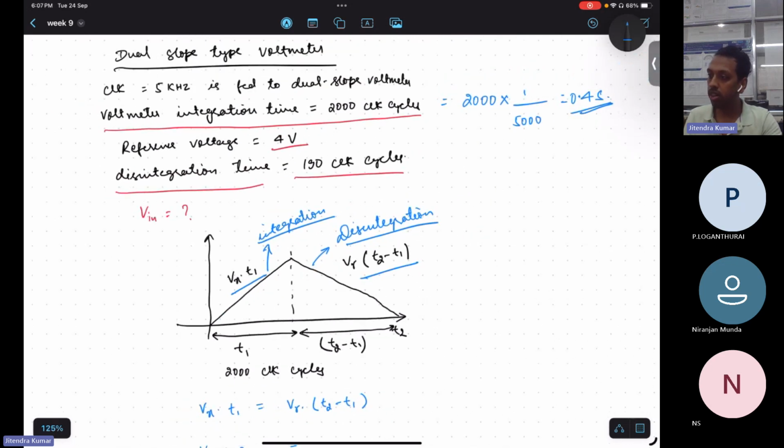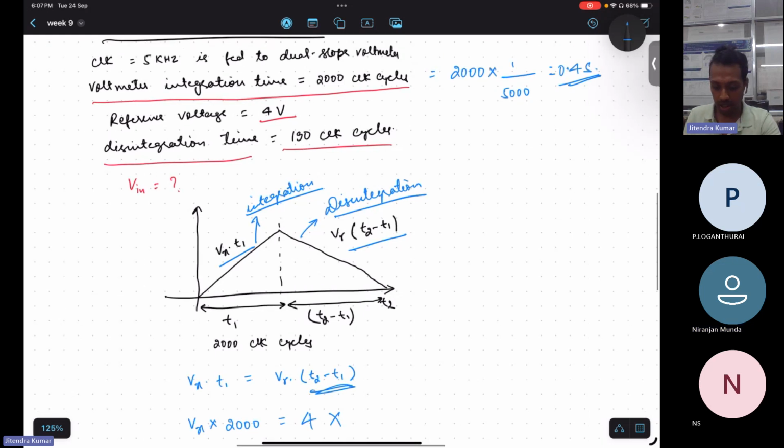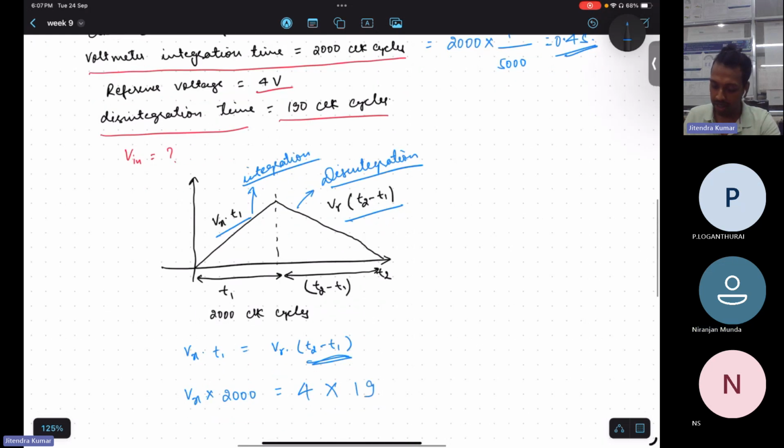From this problem, can you see how much the reference voltage is? Okay, 4 volt. Nice. So it is 4 volt into how many clock cycles? T2 minus T1 corresponds to 190. That is the disintegration time, right?